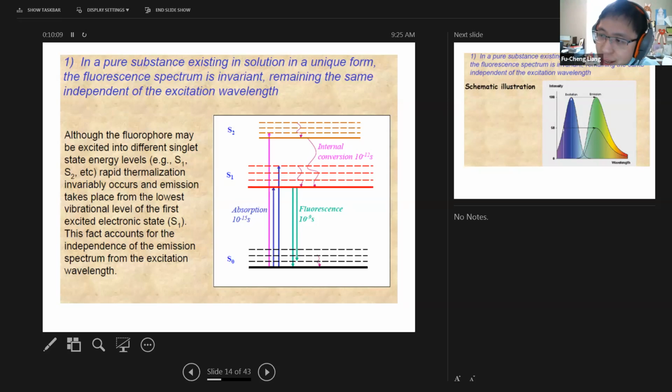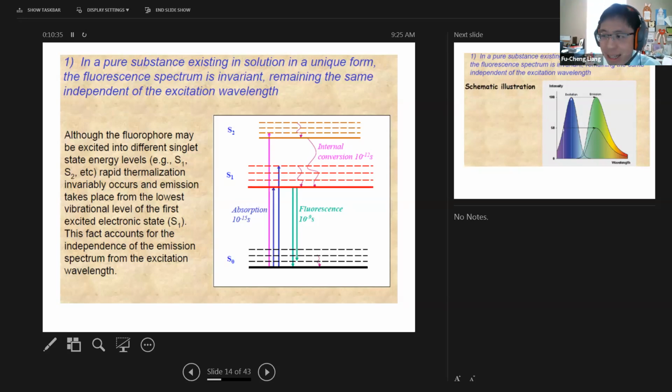So you have 3 different excitation wavelengths, they go to 3 different excited states. But no matter how they are excited, the bottom line is those molecules undergo internal conversion all the way to the lowest vibrational level of the first excited state, which is the S1 red line here. And when they hit this point, they will release fluorescence.